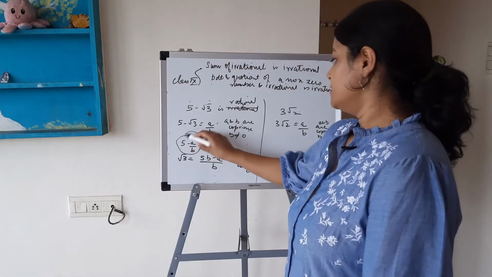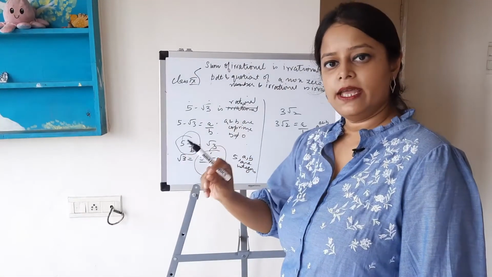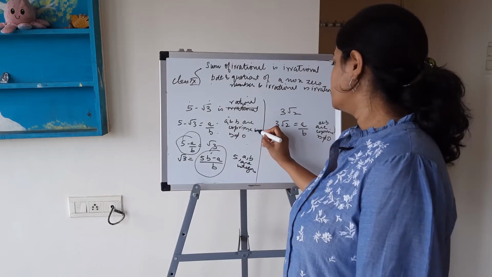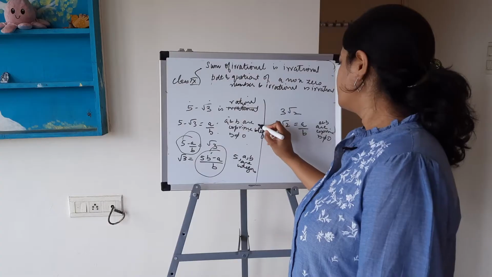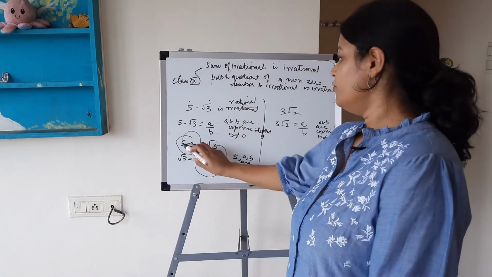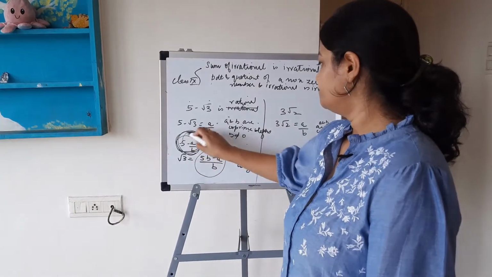Now, if we just look at this number, right? 5a and b, we have already said that a and b are co-prime integers actually. So 5a and b are co-prime and integers. So obviously this is a rational number.